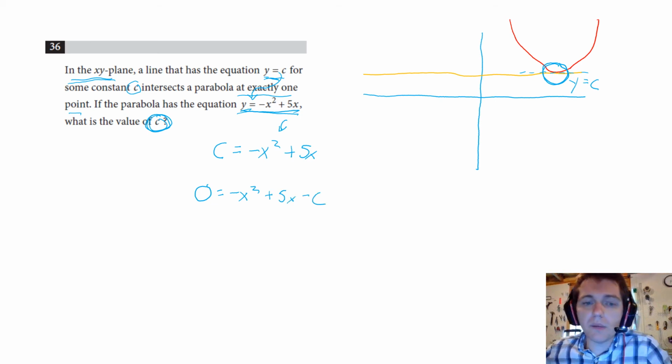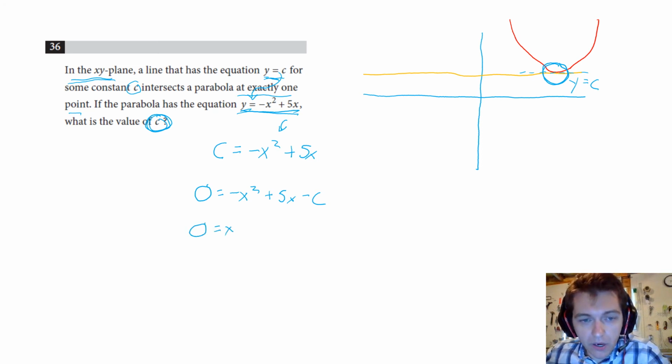I'm going to take one more step to make this easier and multiply everything by negative 1. If you don't take this step, everything still works out. It just causes a little extra work. But multiplying by negative 1 puts it in the most common form you're used to seeing, so take that step. So 0 is equal to x squared minus 5x plus c. Again, that was just multiplying everything by negative 1.